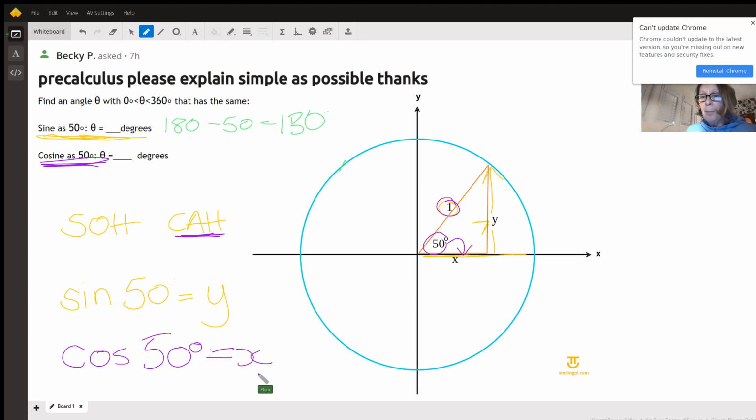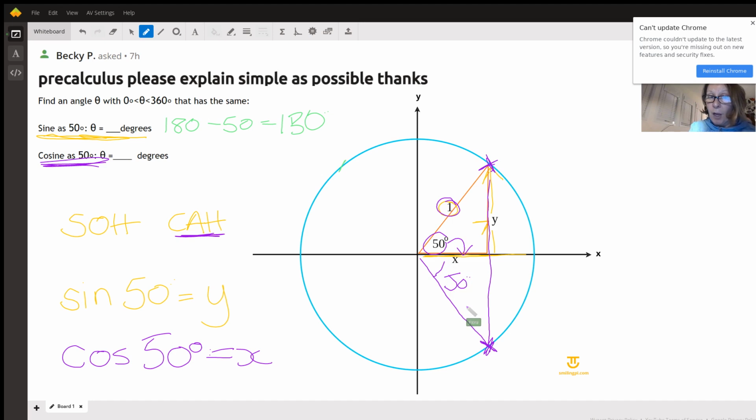So we need to find a point on this circle that has the same x-coordinate as our point over here. Well, let's just trace it down. You'll see this point here in the circle has the same x-coordinate. And again, if I join that up from the origin, this here would be 50 degrees.